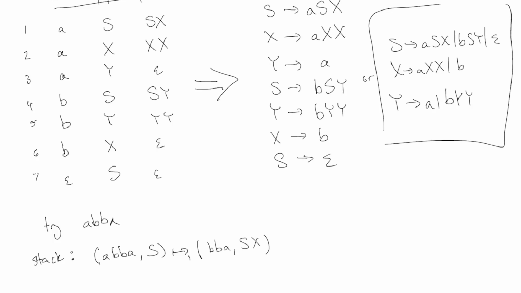That was a read A, pop S, push SX. What next? Actually, in this stack machine, there's not a lot of opportunity for making the wrong choices. I'm reading a B and I have an S on the stack, so I should do rule number 4: read B, pop S, push SY. Number 4 says I read the B, so the B disappears, and now the stack says SYX. All right?